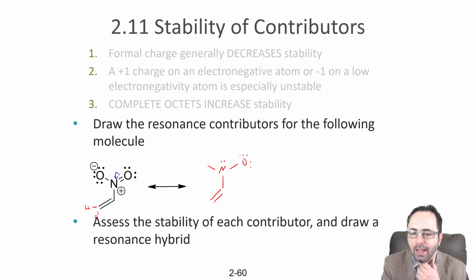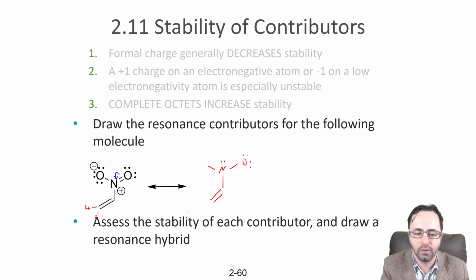So it's lacking. It also doesn't have an octet. So this isn't so good of a structure either, right? We want each of these to have an octet. So oops, okay. Well, that's not so great either, is it? So let's try something else then.